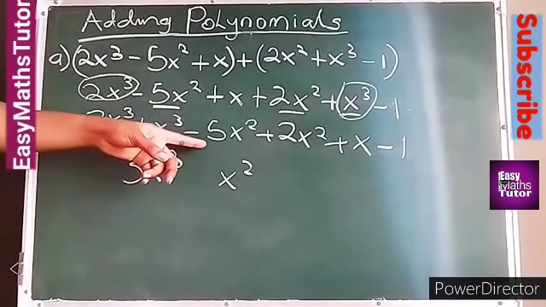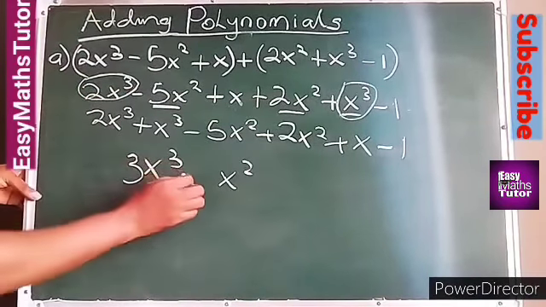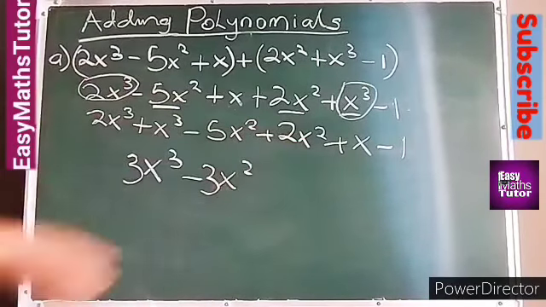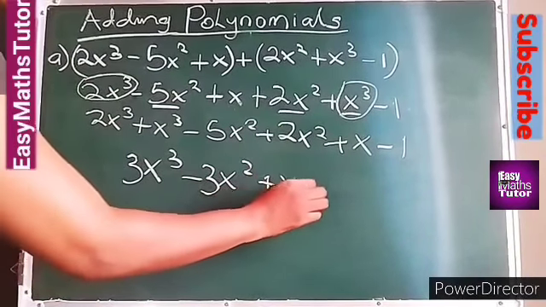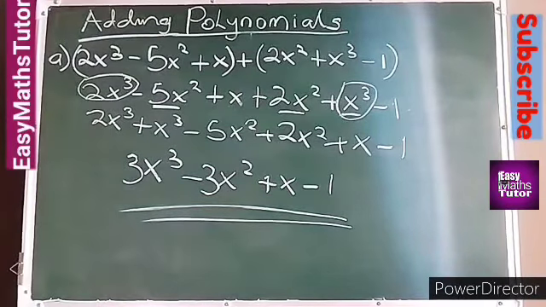That's 5. So we say 5 minus 2, that's 3. Therefore, the answer will be minus 3. Then we have plus x and minus 1. So this is the solution for adding this polynomial using the horizontal method.